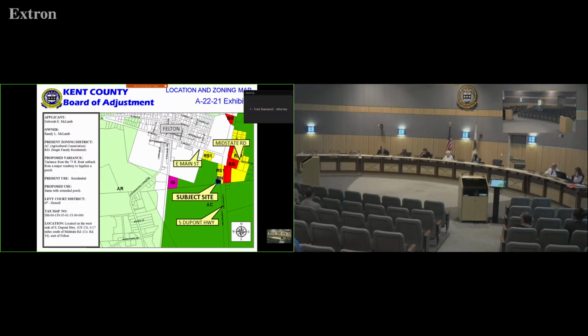If this application is approved, the owners would, this is a question for staff, have to get a building permit and notify the county that it's been legalized. Is that correct? Yes, sir. So they actually have applied for the permits to get this taken care of. That's where we found the variance. So the permit application is in. It's just waiting on zoning approval if you guys grant approval tonight.